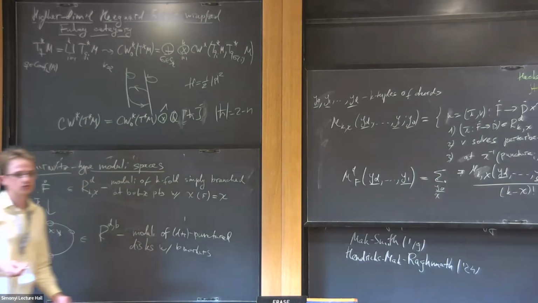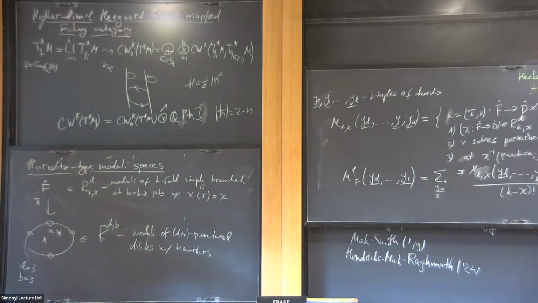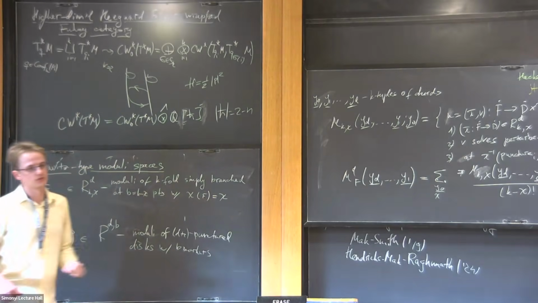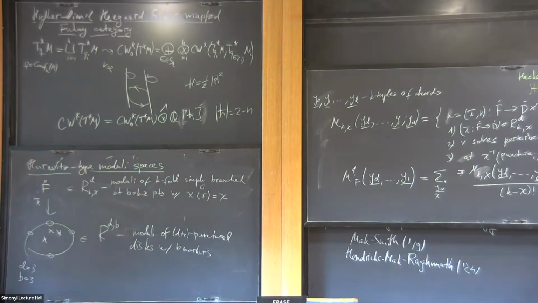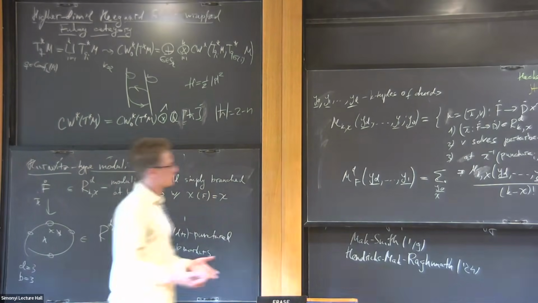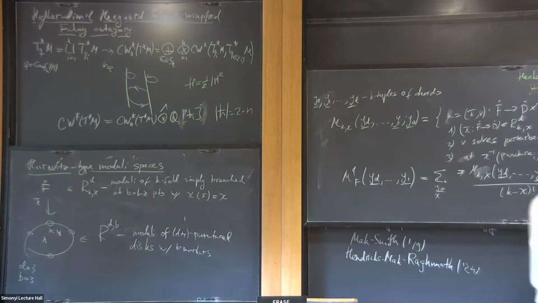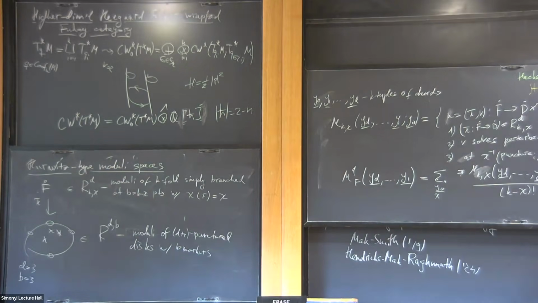So when n is equal to 2, you just get power series in h bar. If n is greater than 2, you get appropriately graded power series in h bar. The reason for this is the dimension of this moduli space.